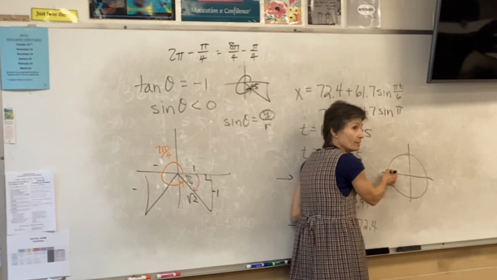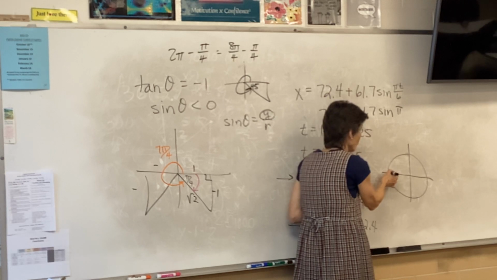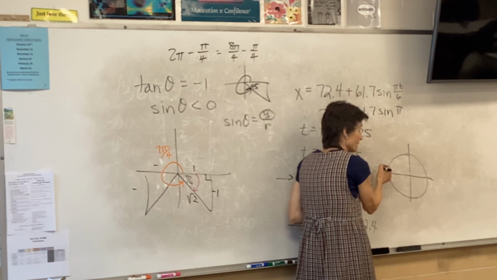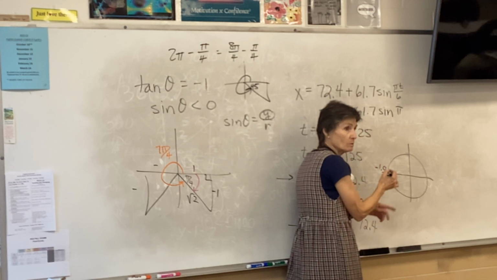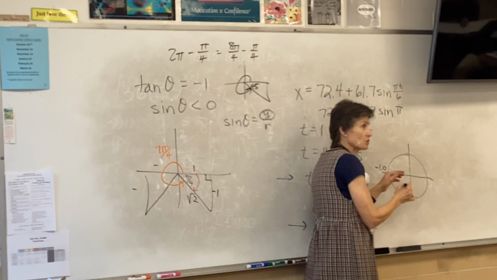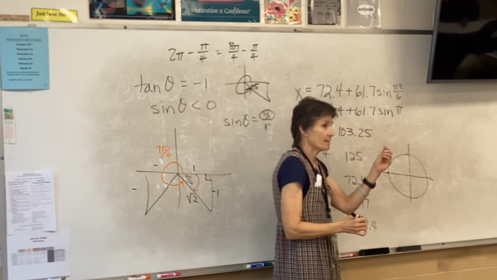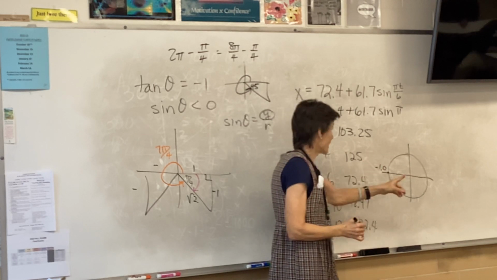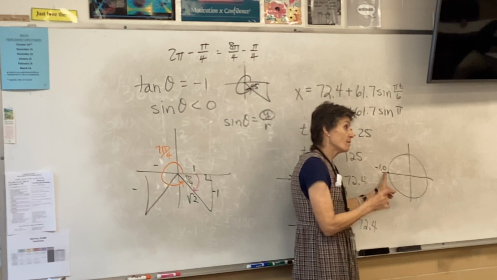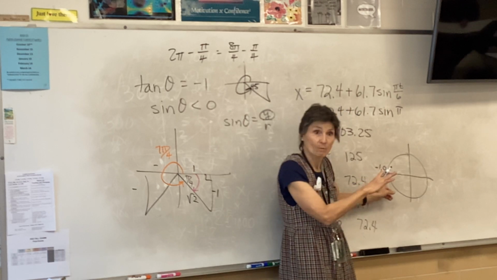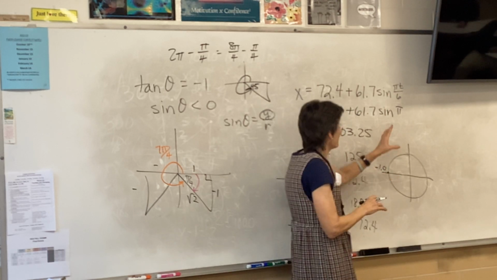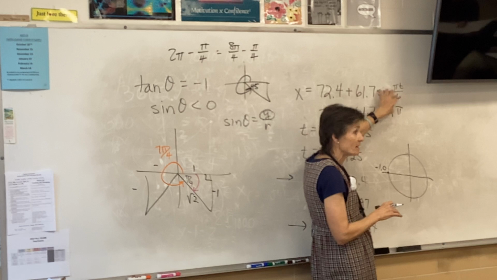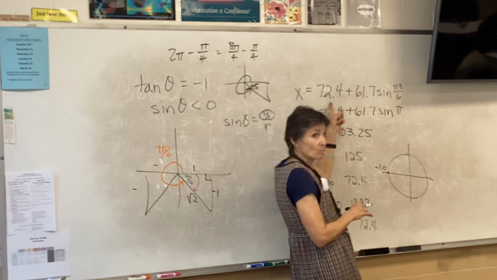This is pi over here. What are the coordinates of that point? -1, 0. Which variable is sine associated with, x or y? Y. And y is 0. The sine of pi is 0. So basically this term disappeared, and that was what we had.